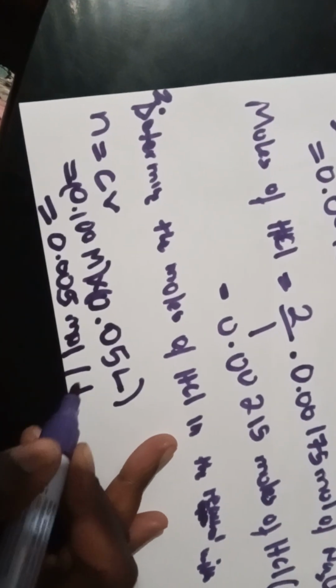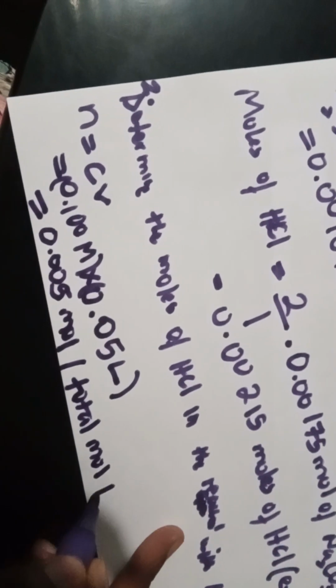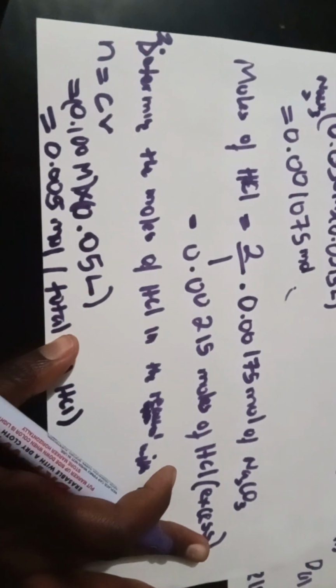Now take note, this is the total moles of HCl added. Okay, so we're gonna need this mole, so we need to indicate it well so that we do not confuse it.